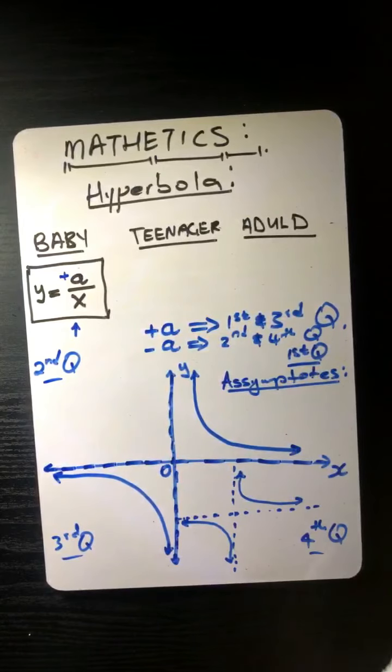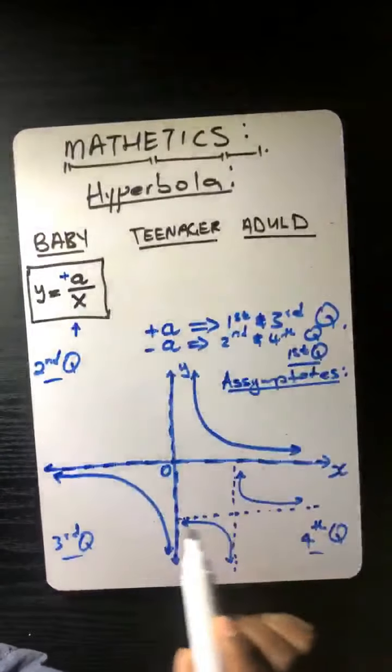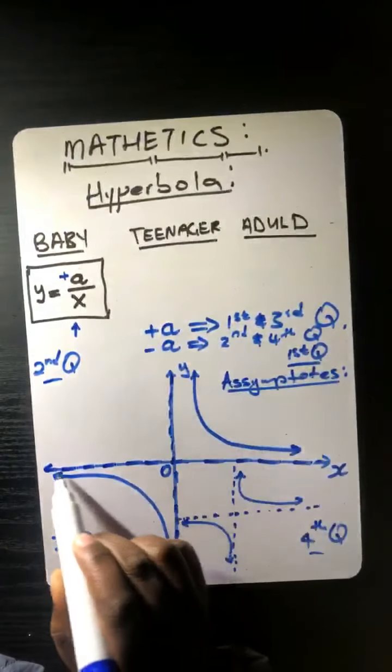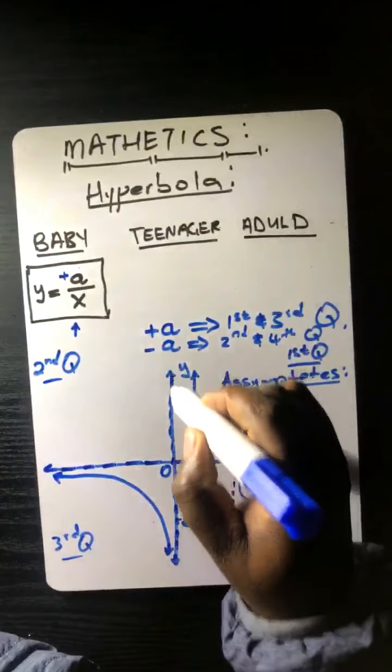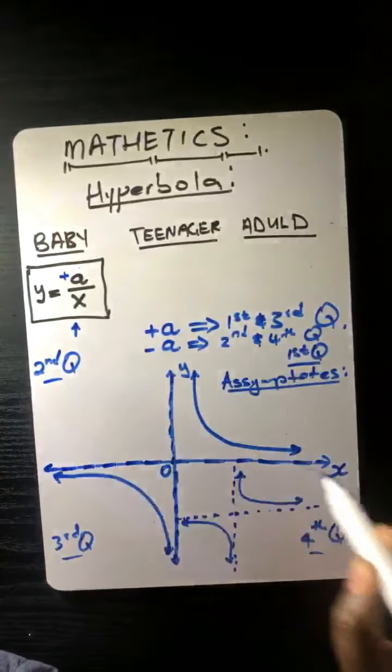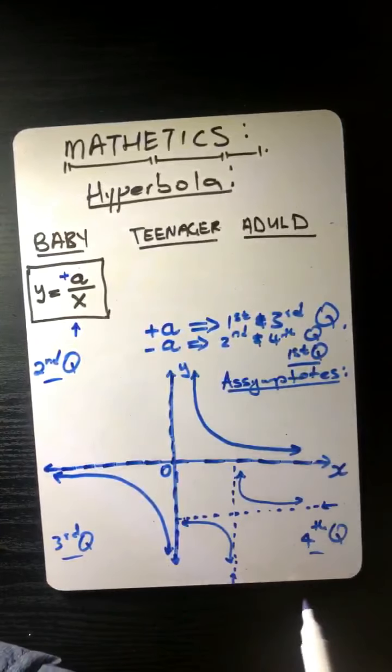Just make sure of that. The reason why at the baby stage they say your hyperbola must never touch the axes is that inside the vertical axis and the horizontal axis you have the asymptotes, ladies and gentlemen. So just be careful.